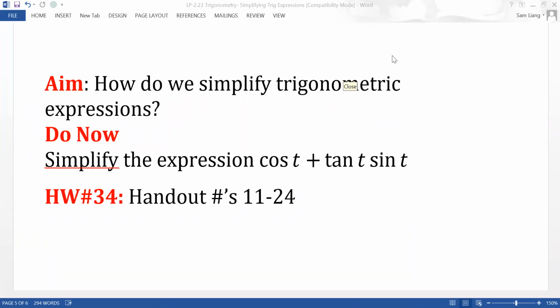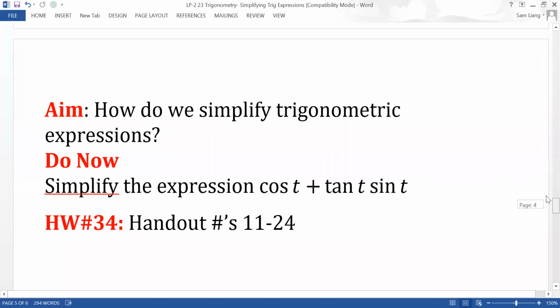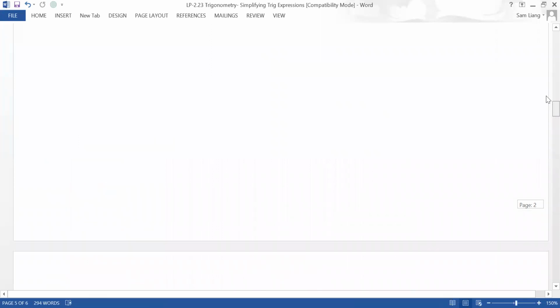Or let me ask, did anyone get secant t? Okay, we got 1 over cosine. So 1 over cosine could be further simplified to secant, right? So I guess you got the same thing then. That is the answer. So let me just scroll up to the solution for that.